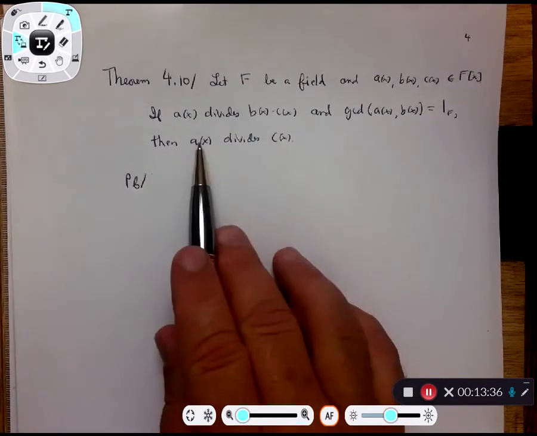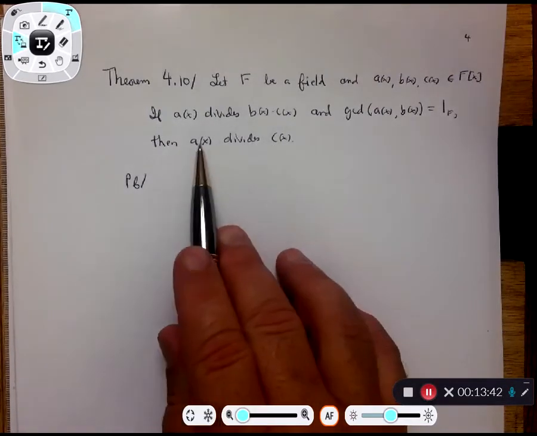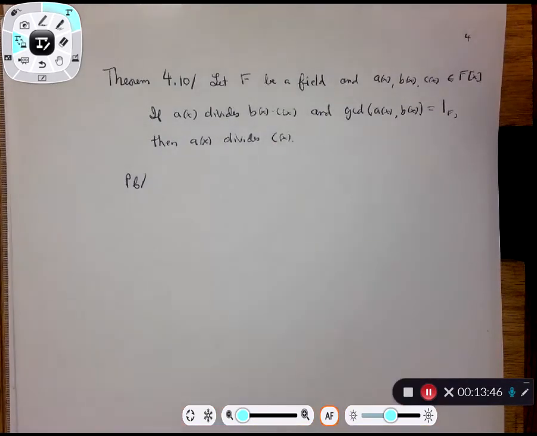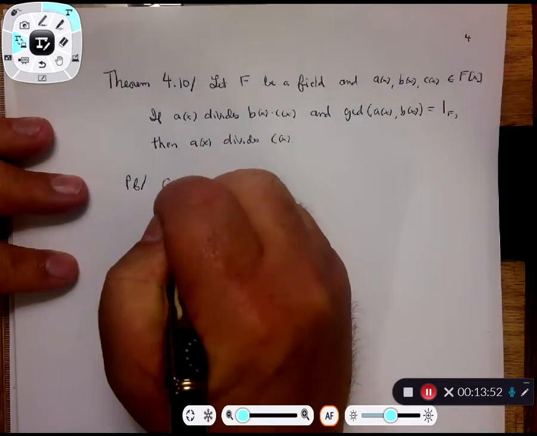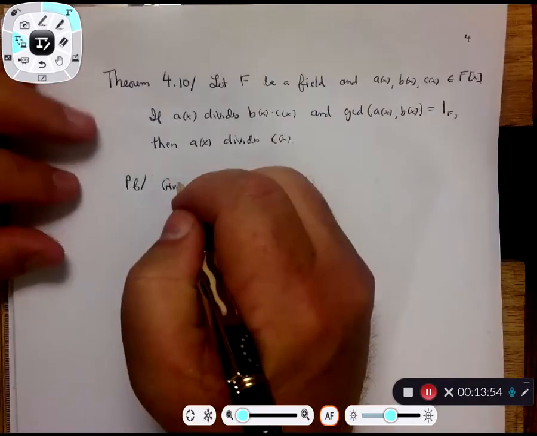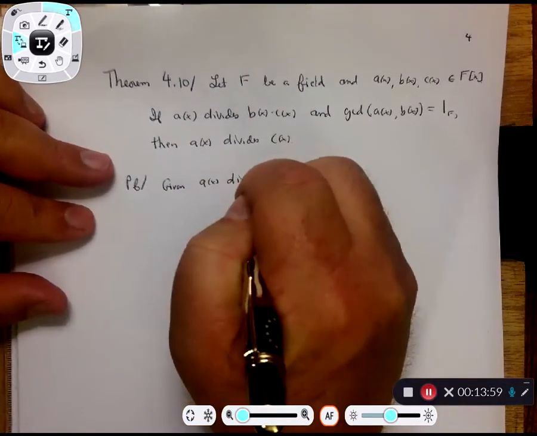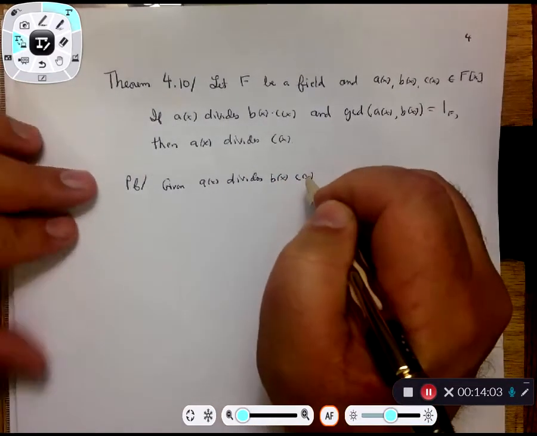To be able to show a(x) divides c(x), I want to write an equation which c(x) equals, and be able to, quote, factor out an a(x). Remember, these are polynomials, not integers, but the pattern will be the same. So when you start your proof, you always start out with the givens. So given a(x) divides b(x) times c(x).